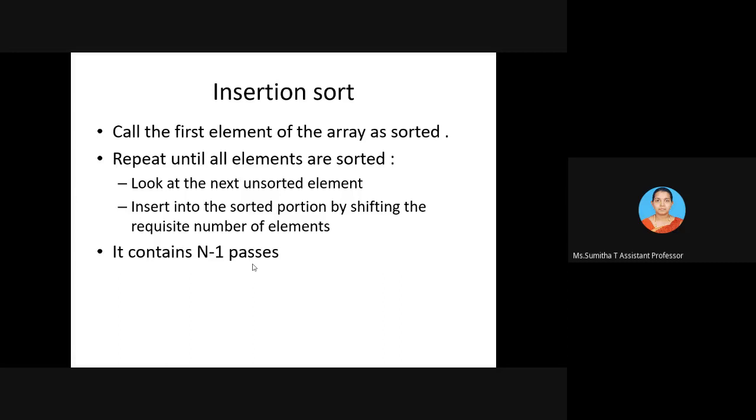We make the first element the sorted one, and we go through every element. Look at the next unsorted element one by one, and insert it into the sorted list at the right position. Also it contains n minus 1 passes.